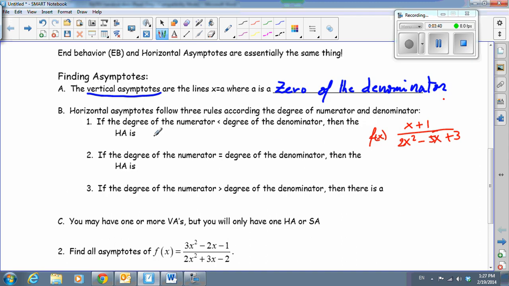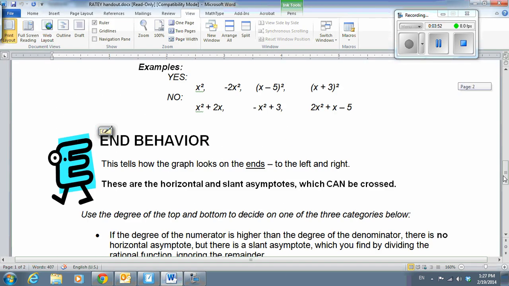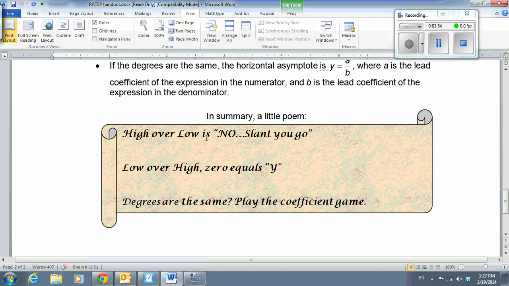If this is the case, it will have a horizontal asymptote at y equals 0, always. And looking back at your Freddy worksheet, all the way to the bottom, it says high over low is no. Low over high, 0 equals y. This is when you have the low power on top and the high power on the bottom; y equals 0 is your asymptote.